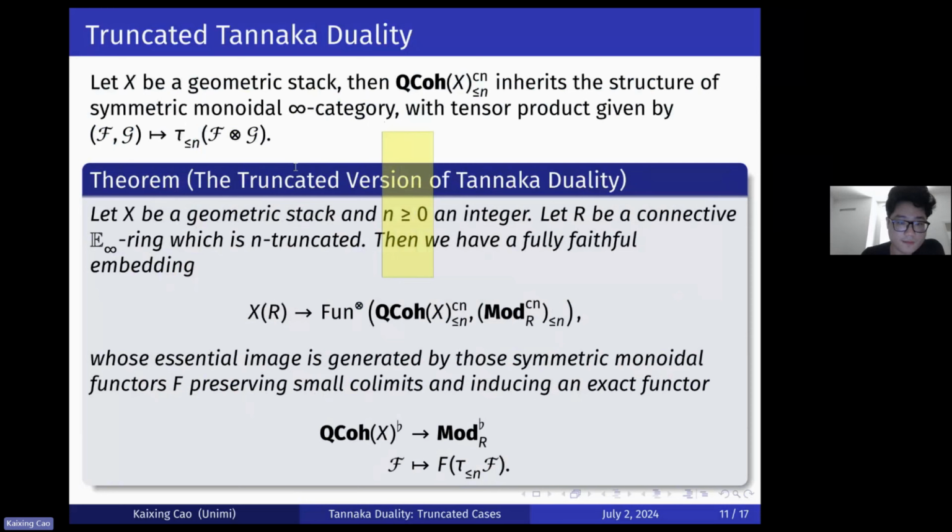We have this more general version of the truncated case, but be careful: if we take the untruncation of the constant core, it also has a natural symmetric monoidal infinity category structure, given by taking the tensor product and then taking the untruncation.